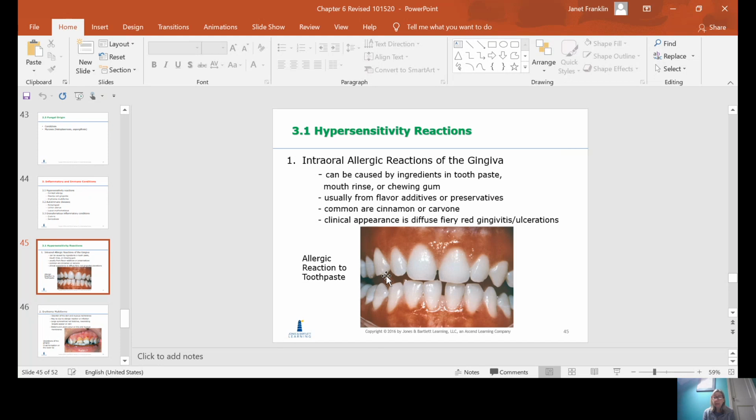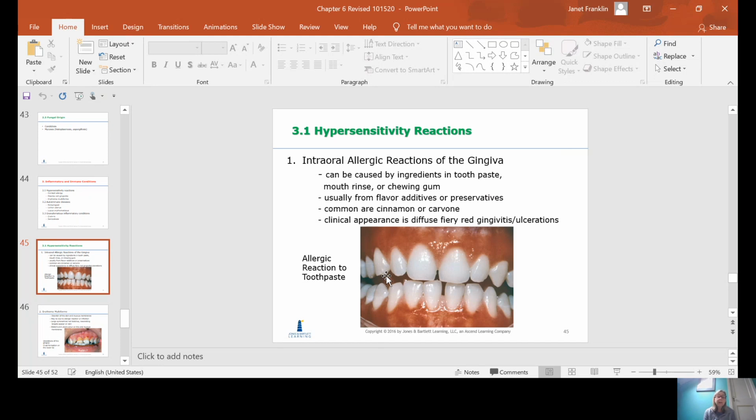Are you whitening your teeth? All those kinds of things. There's peroxides in the toothpaste for whitening. There's ingredients for tartar control. There's ingredients for sensitivity. There's flavoring agents. So there's all kinds of stuff they put in your toothpaste and your mouth rinses now, and we have to be aware of when patients make changes.